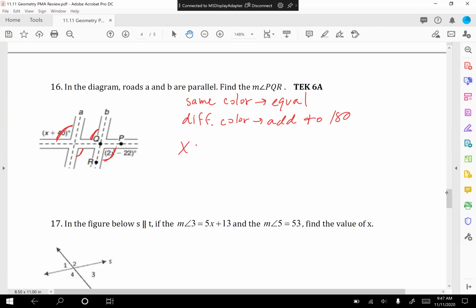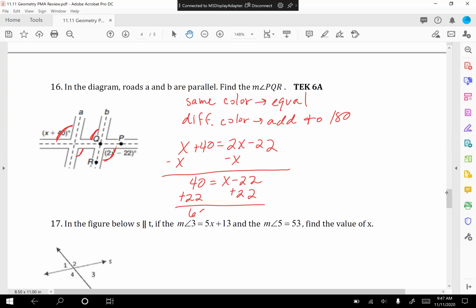So we have x plus 40 equals 2x minus 22. Again, move your small x to your big one, so minus x, minus x. And then add the 22 to get it to the other side. So x is 62.